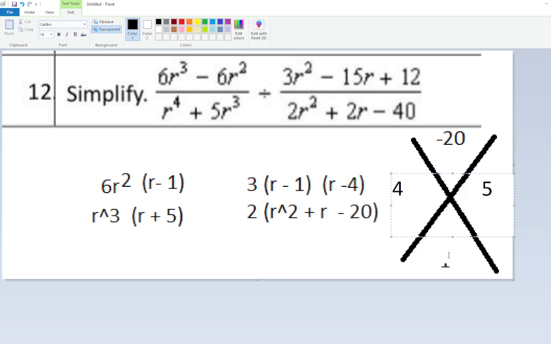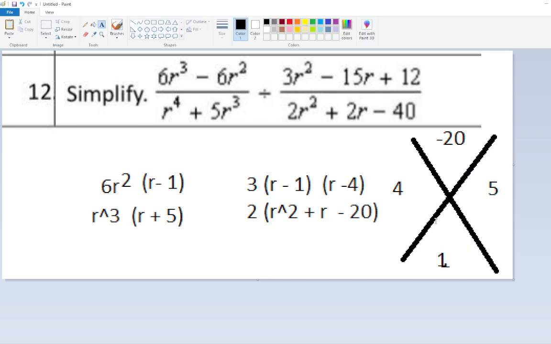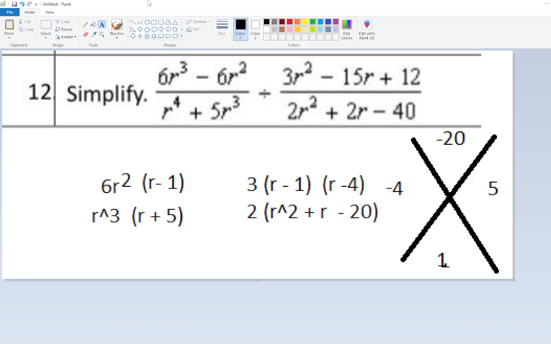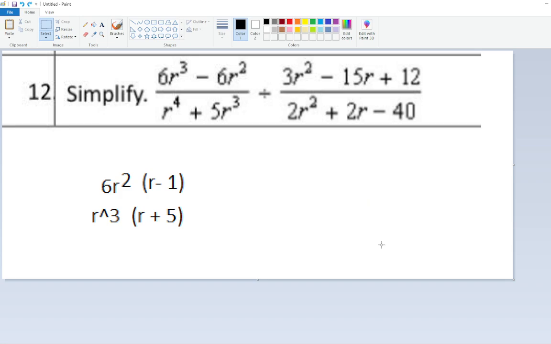One of them must be negative because the 20 is negative, and since the 1 is positive, the smaller one must be negative. Minus 4 plus 5 is indeed plus 1. So right away, my factors are minus 4 and plus 5. 2, R minus 4, R plus 5.